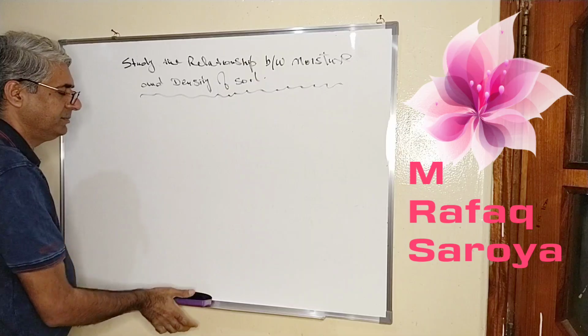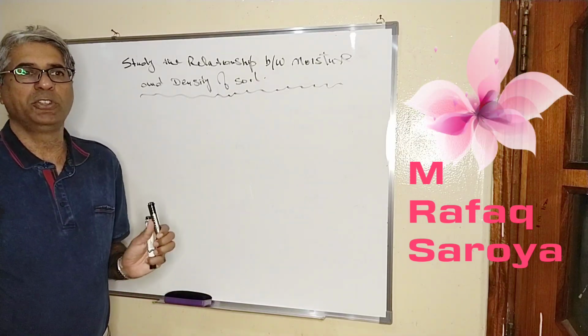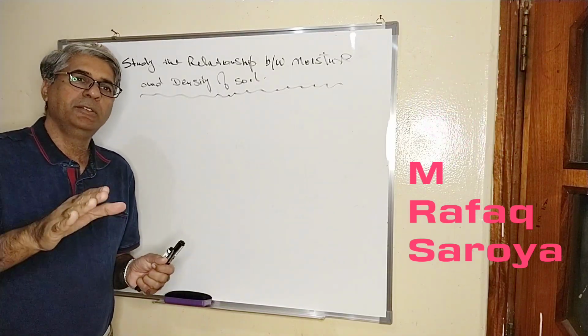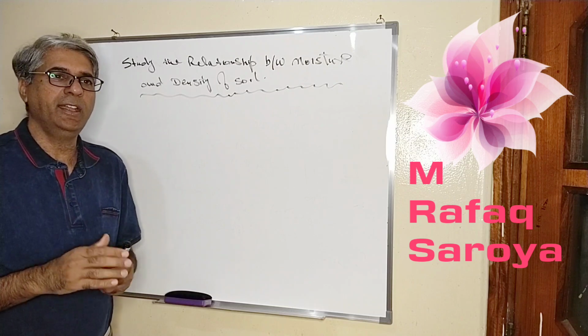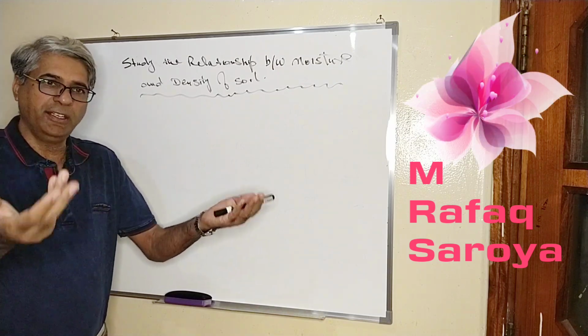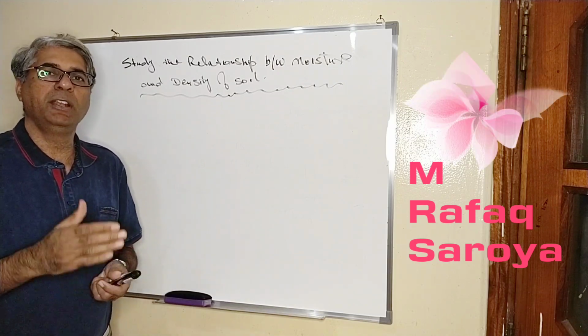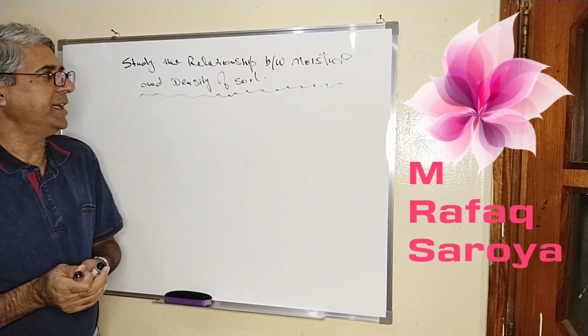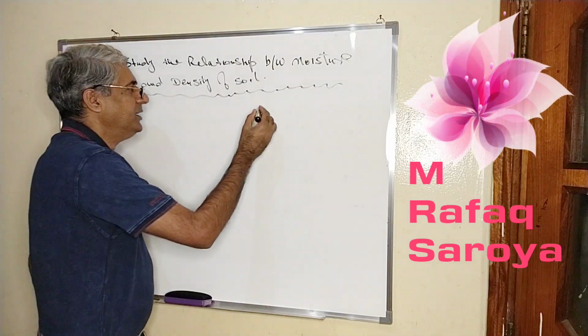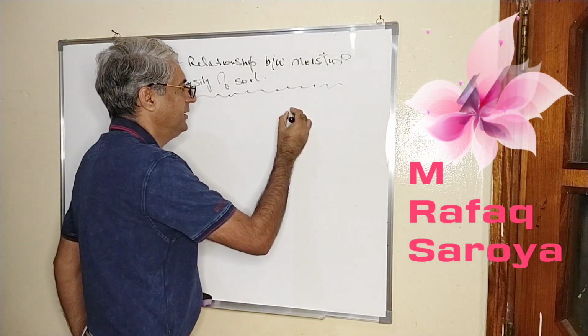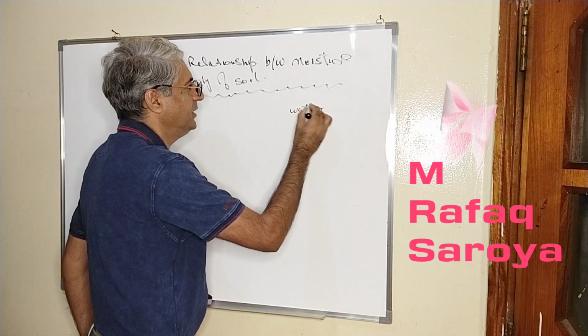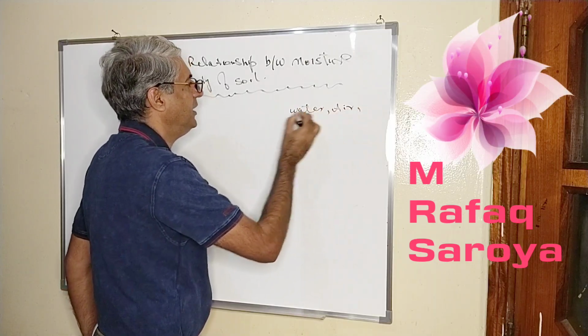Before we start, the soil should be in an absolutely dry condition. Then whatever moisture content we add, we know what the condition of the soil is and how it will behave as we go on adding water. Because yesterday I told you, soil has three phases: water, air, and soil.